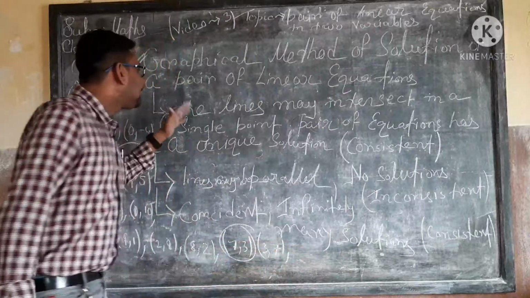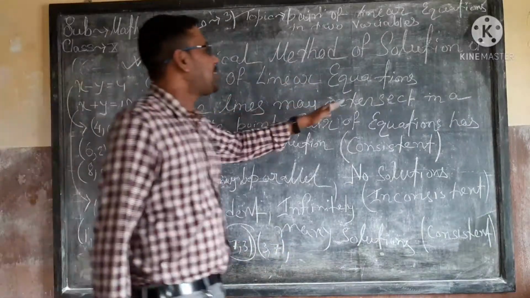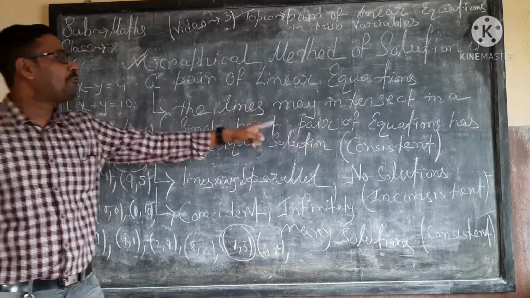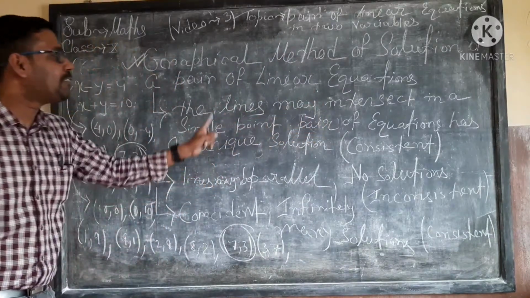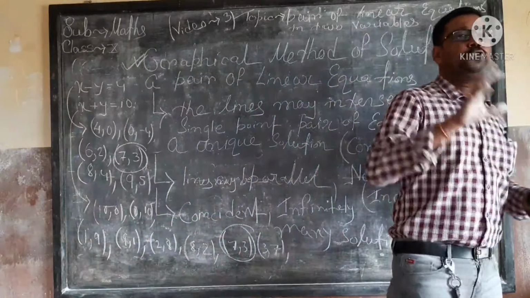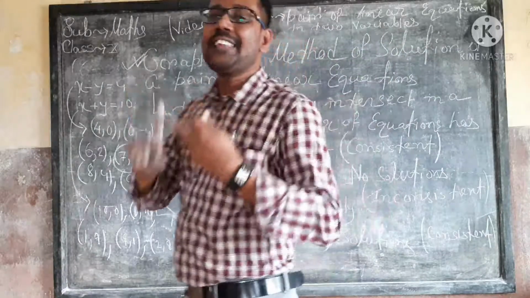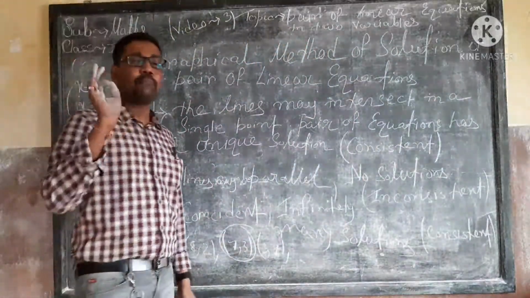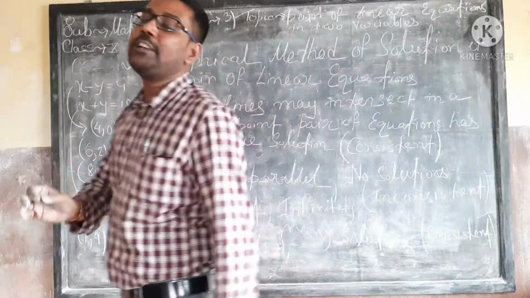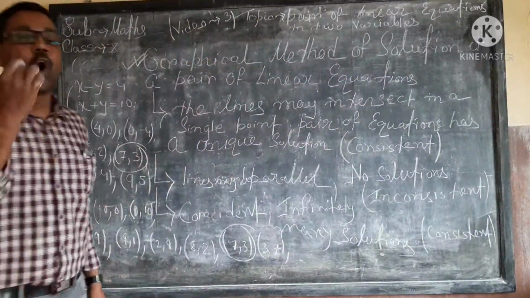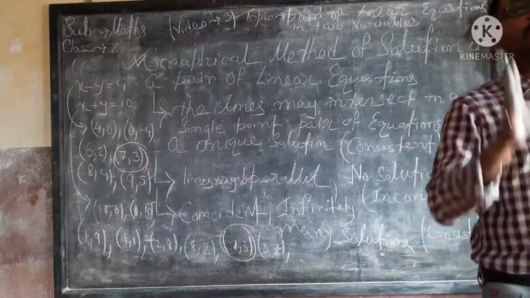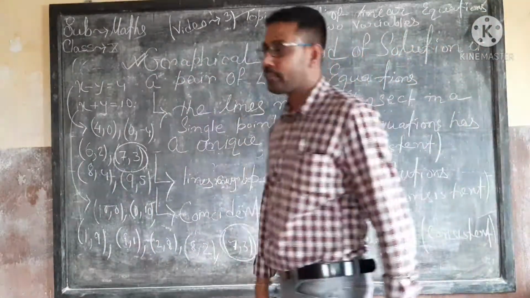The first one, that the lines may intersect in a single point, and this time this pair of equations has a unique solution. When the two lines intersect each other at a particular point, this pair of linear equations has only one solution, and this solution is called the unique solution.